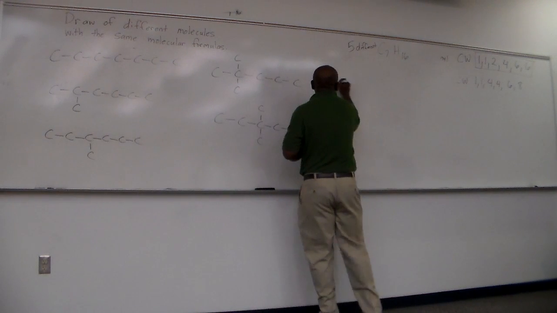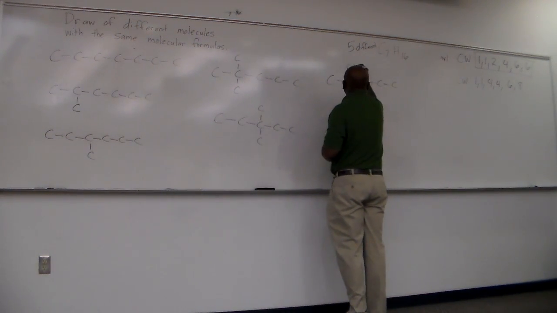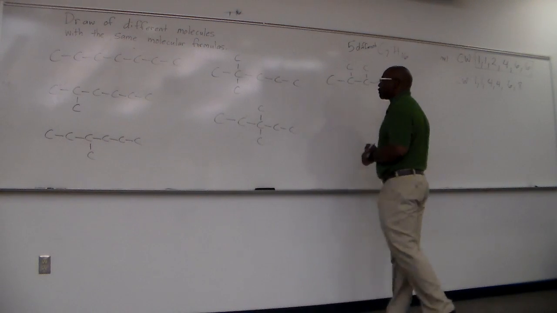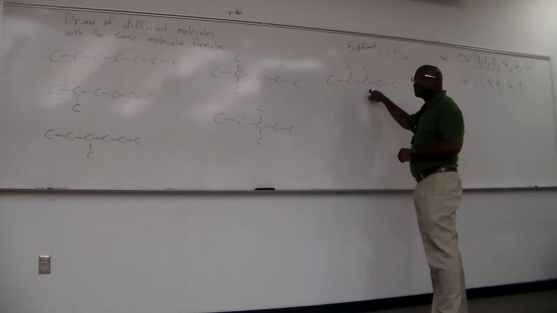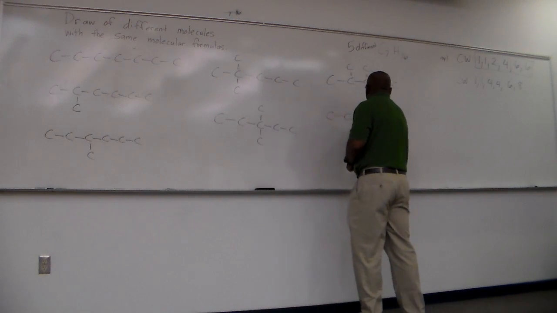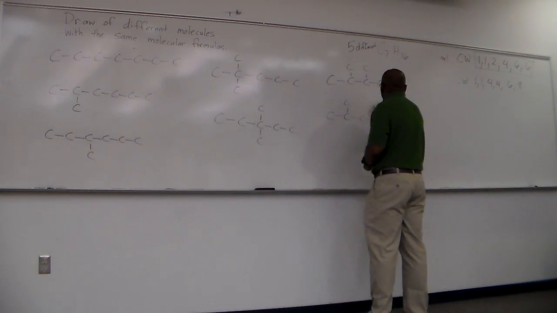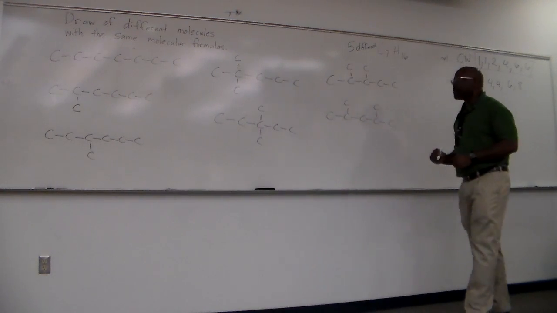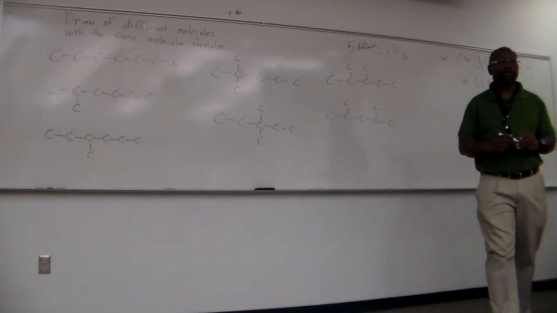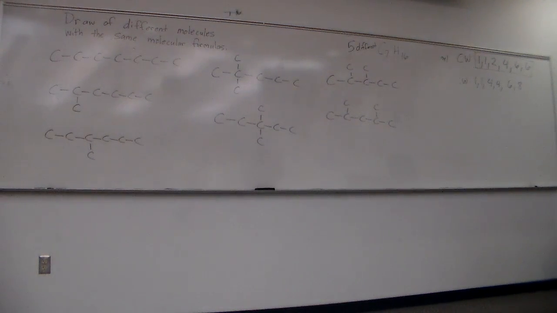We can do 5, 1, and 1: keep one on carbon number 2, and put the second on carbon number 3. Or I can do 1, 2, 3, 4, 5, put one on carbon number 1 and the next one on carbon number 4. We also can have other ways to attach the groups.